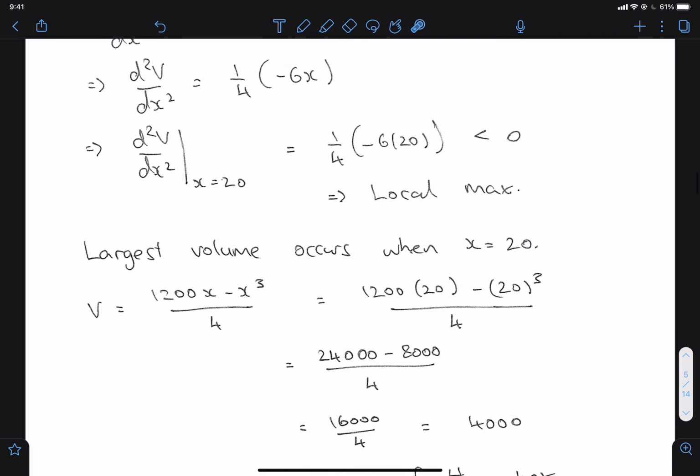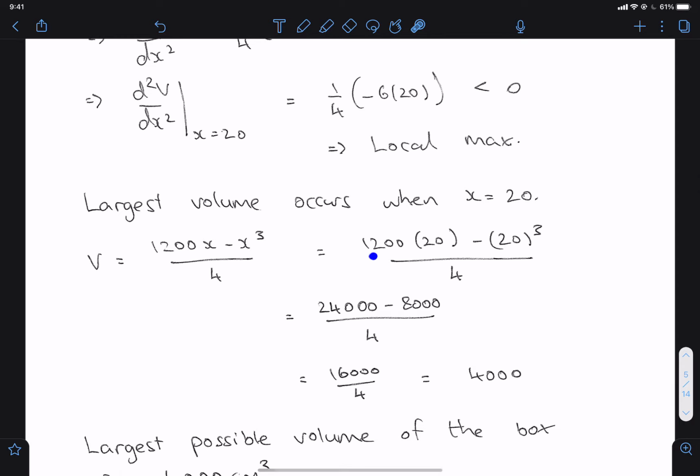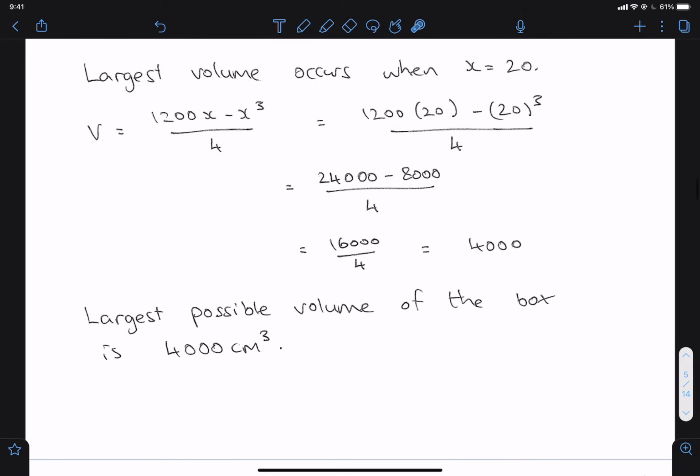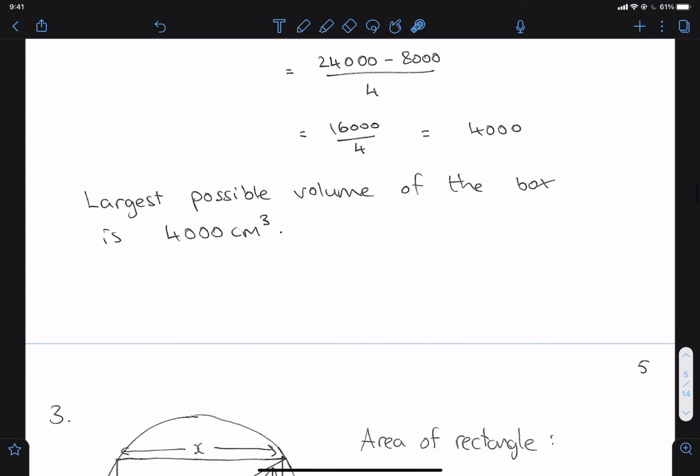So we plug 20 into our volume expression: 1200 times 20 minus 20 cubed, which finally comes to 4,000. So our largest possible volume of the box is 4,000 cubic centimeters.